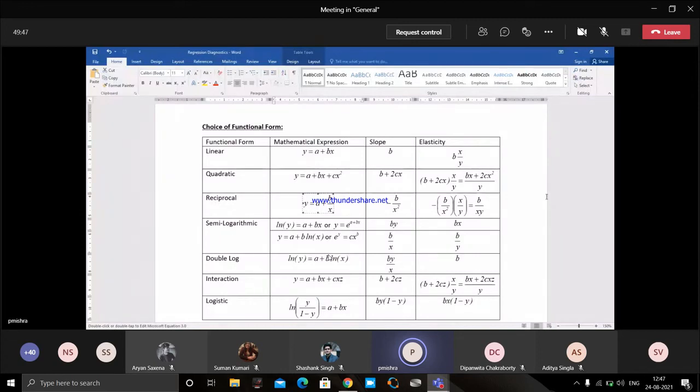And hence, the implications will also be different depending on which functional form you choose. And if you can recall, in econometric analysis 1, we discussed that often the choice is commodity specific. But instead of looking at that perspective, what often we do, we estimate a linear demand function like this.